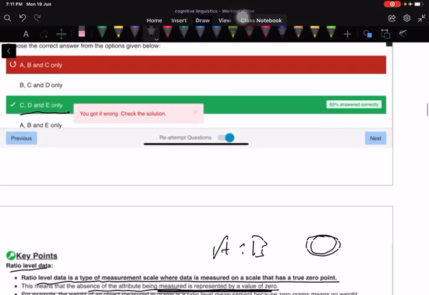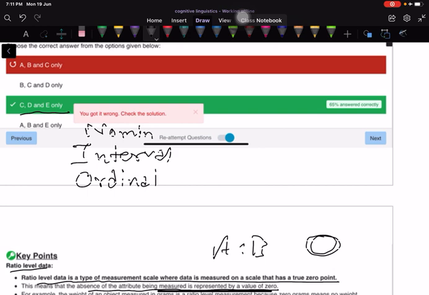If we talk about the others, there are three: interval scale, ordinal scale, and nominal scale. Nominal, ordinal, interval, and ratio, right?